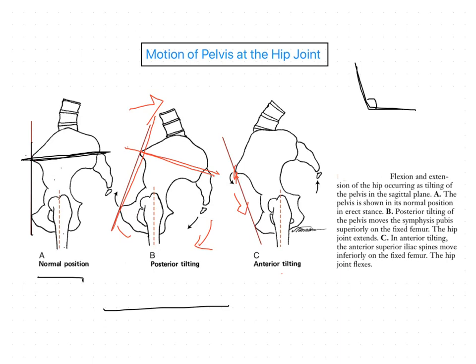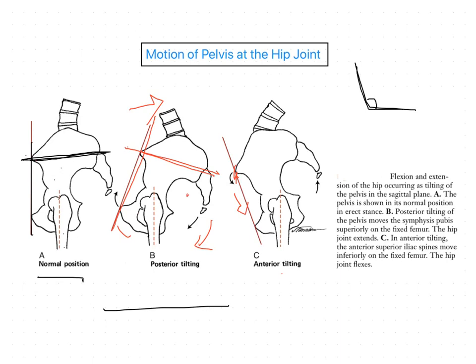Okay, the anterior and posterior tilting can occur around both hip joints simultaneously and can also occur in single limb support around one hip joint axis. So if you again see these tilts, the posterior tilting of the pelvis moves the pubic symphysis superiorly on a fixed femur, which shows the posterior tilting.